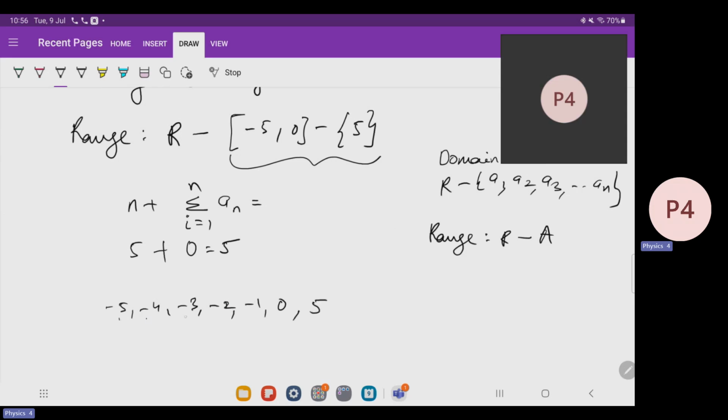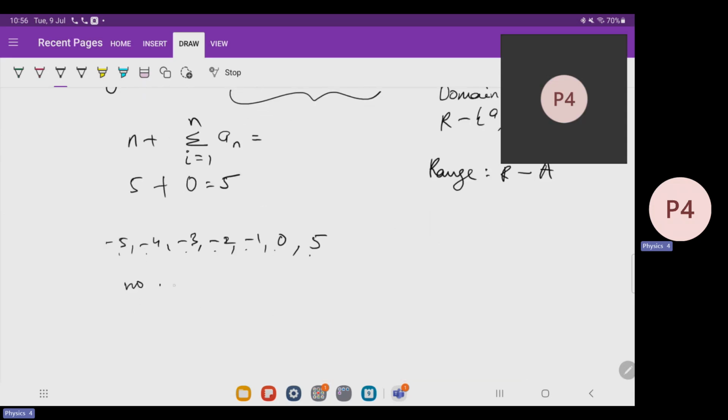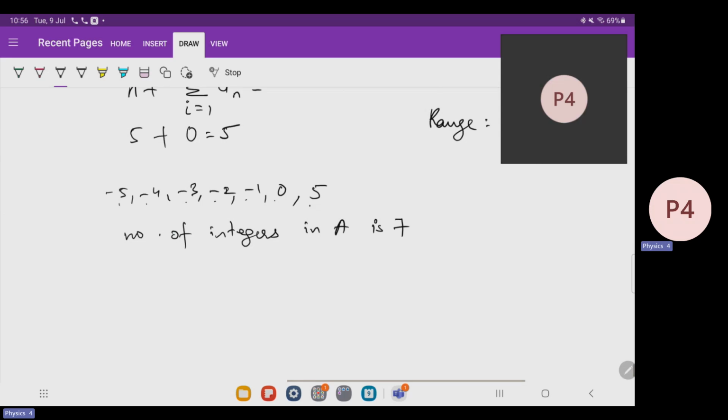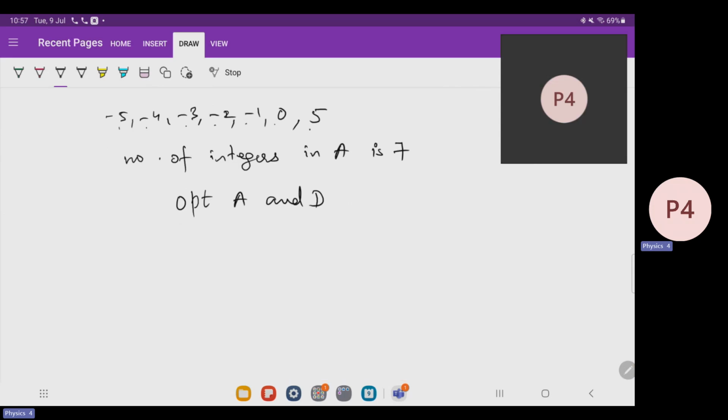So total 1, 2, 3, 4, 5, 6, 7. So the number of integers in A is 7. So options A and D. This was question number 41, multi-correct type.